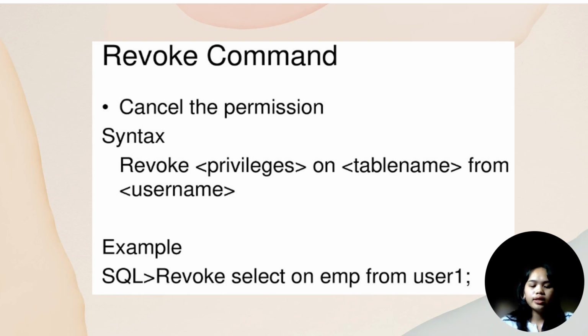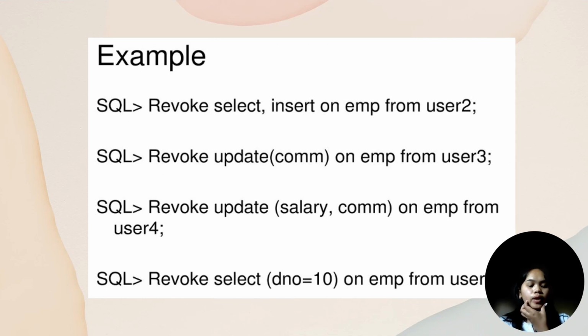The syntax for the revoke command is revoke, then the desired privileges on table name from a user. An example is SQL revoke select on M from user 1. We can also revoke select, insert on M from a user, and we can also revoke update. We can revoke select also.